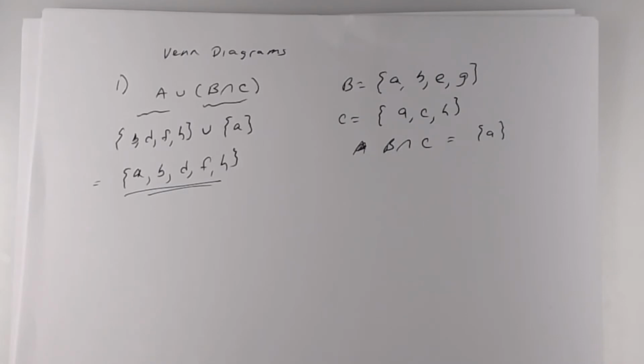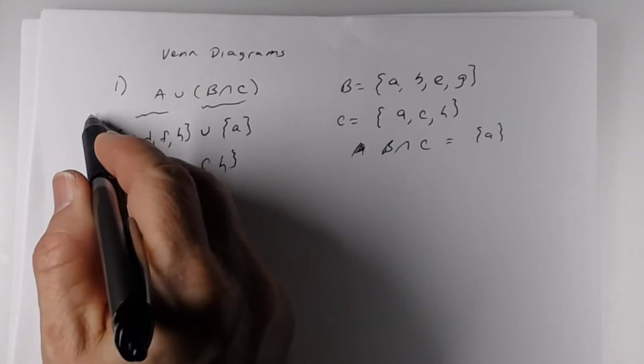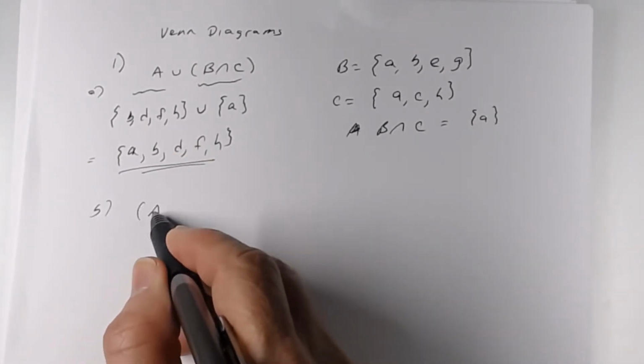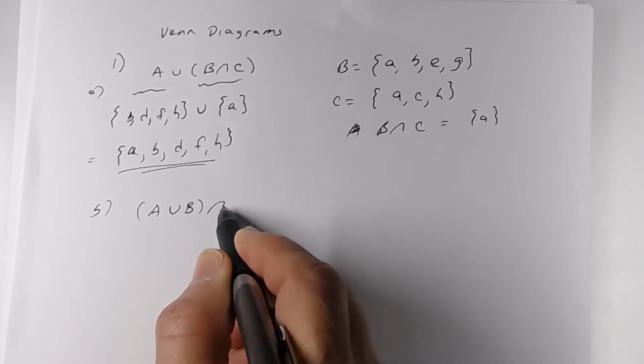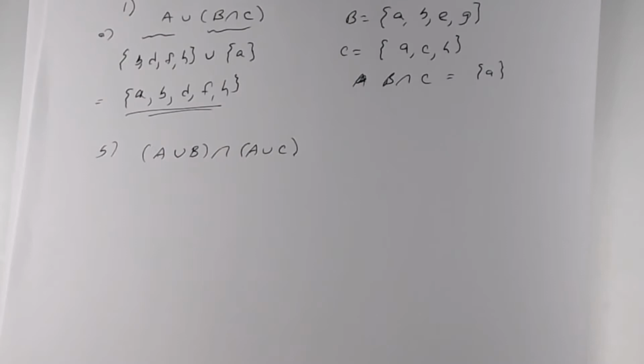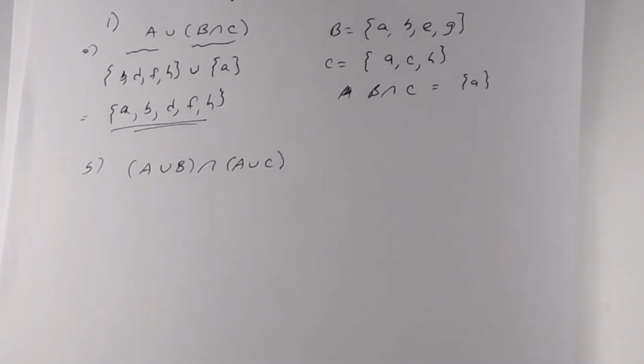Okay, let's look at number 2. Or I'm sorry, this was A. Let's look at B. You want to find A union B intersect A union C. Now you have two sets of parentheses. It doesn't matter which one you deal with first. Let's just go to the one on the left.